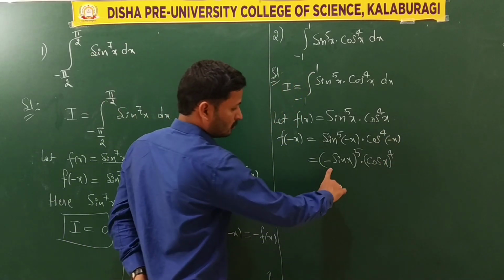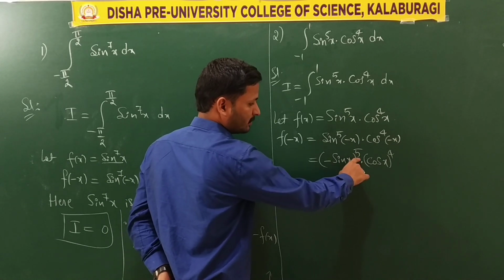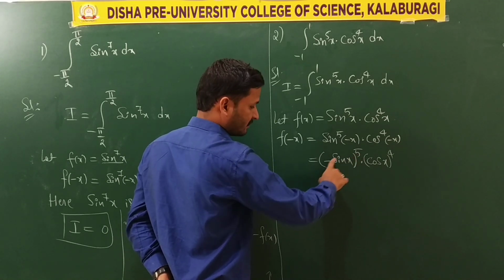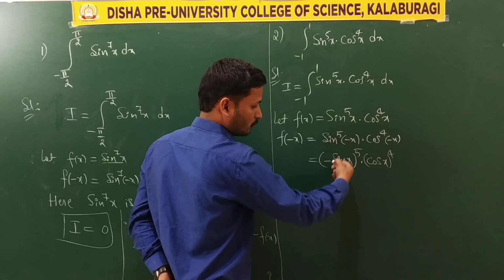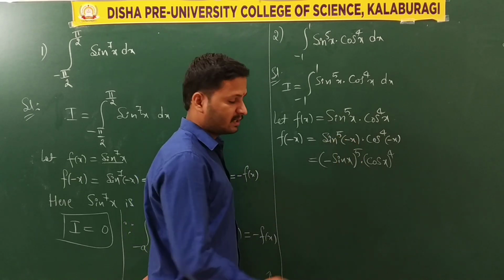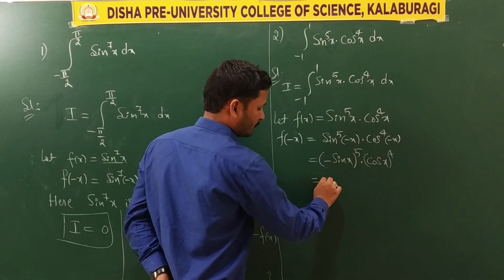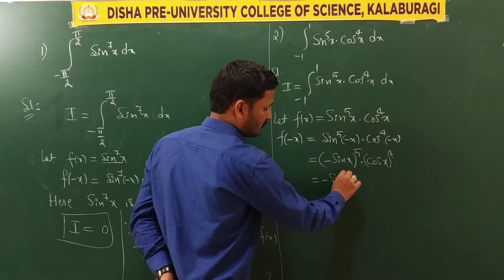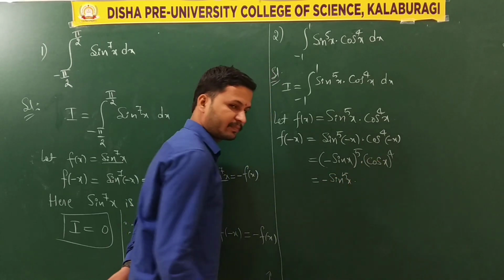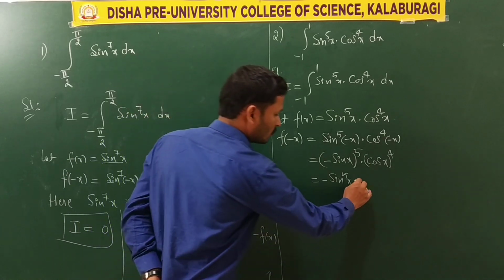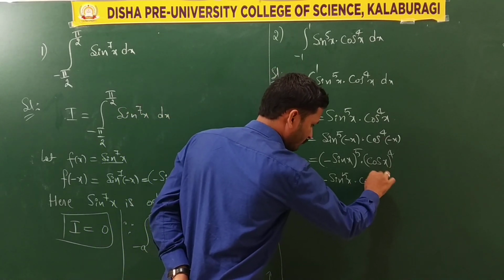Now here, minus sin x whole to the power 5. Here 5 is an odd number, so definitely minus 1 to the power 5 is minus, so minus sin raised to 5x into cos to the power 4x.